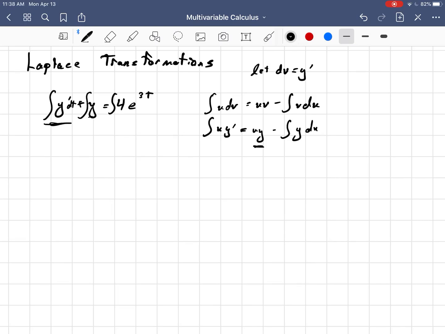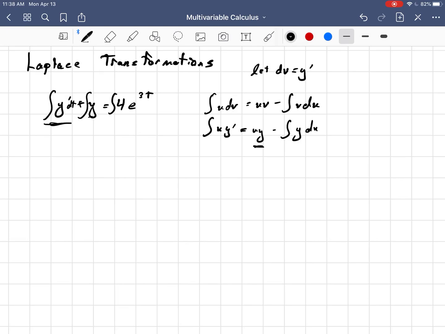So we can write everything in terms of the integral of y. But we also need to deal with this du here. We need to pick what that's going to be. The idea is we want to turn this differential equation into an algebra problem, basically.